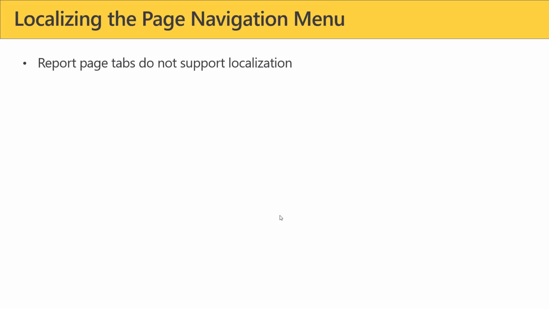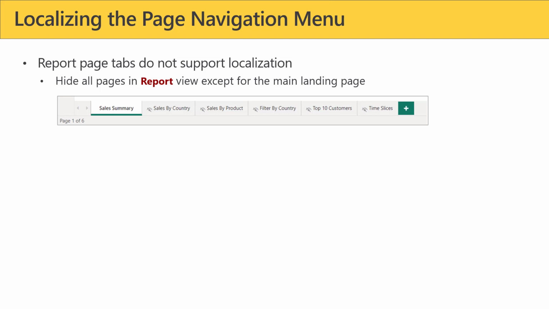Okay, now let's focus on localizing the page navigation menu. We want some type of a menu that allows a user to navigate from page to page, but we can't use the report page tabs because they don't support localization. So step number one in our strategy for creating a localized page navigation menu is to hide all the pages in report view, except for the first page, which we kind of consider the main landing page.